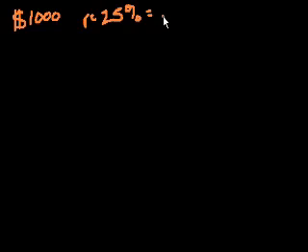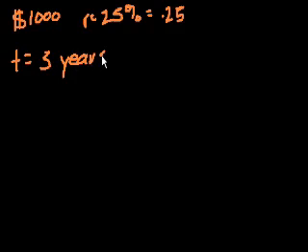Okay, so let's say I borrow $1,000. Let's say that the interest rate is, I don't know, 25%. That's the annual interest rate. Rate is equal to 25%, which is the same thing as 0.25. And let's say I were to borrow it for 3 years. So T is equal to 3 years.